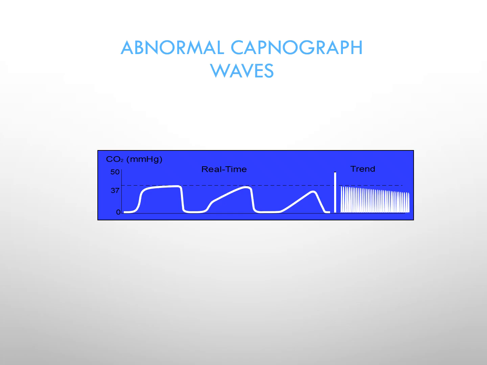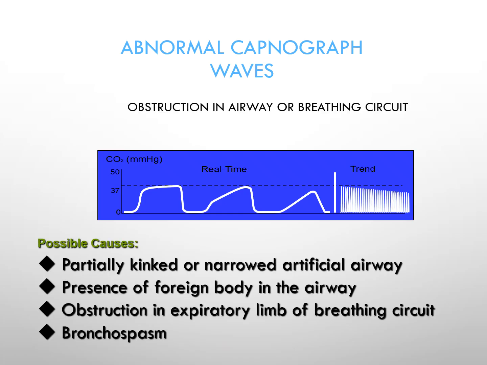This could be an equipment problem. It could also be a patient problem. The patient could be becoming bronchospastic, with an obstruction to exhalation. So the shark fin pattern is one of the patterns you'd look for in patients who have asthma and are prone to bronchospasm, assuming you've eliminated all of the equipment-related causes.